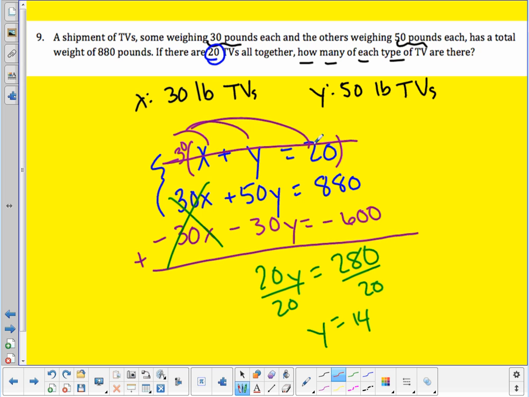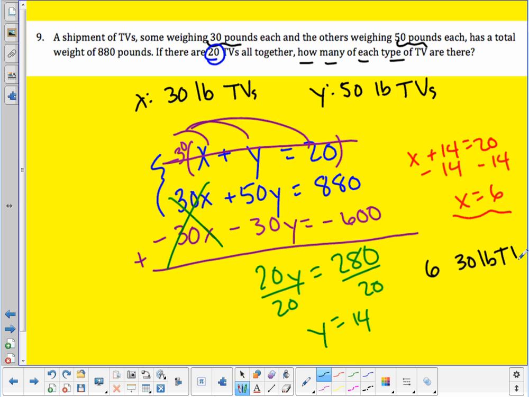I'm just going to use this original top equation and say that x plus 14 is equal to 20. Subtract the 14, and I have x is equal to 6. So what that tells me is that there are 6 30-pound TVs, and there are 14 50-pound TVs. That is the answer to that question.